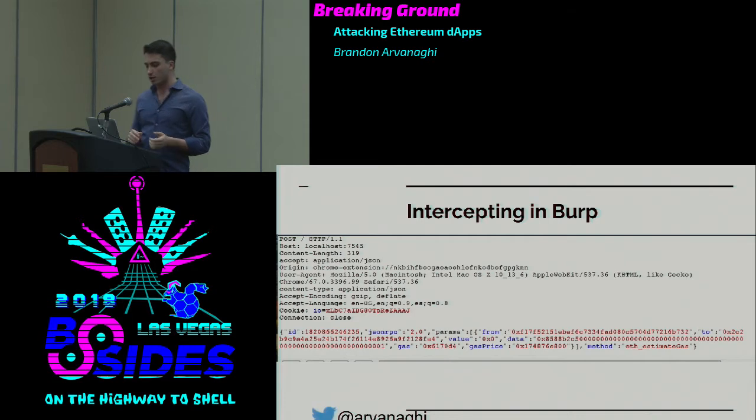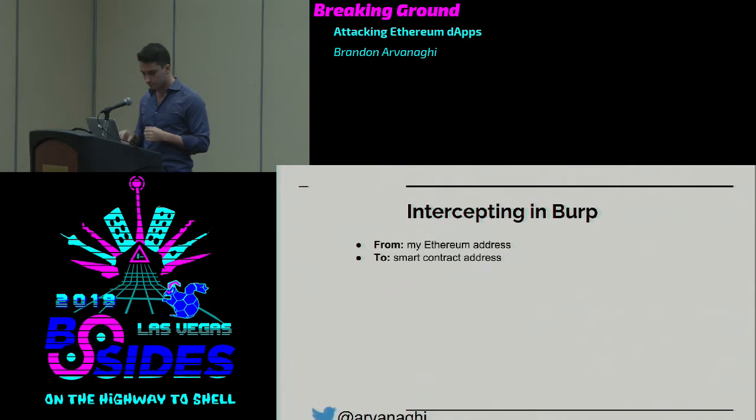So what does that transaction actually look like if you looked at it in Burp? I just showed you MetaMask coming up and you clicking submit. If you intercepted that transaction, you would see the from address right there, right? The to address is the smart contract address, the value and data, and I'll get into this more, but it's very simple. There's only 4 or 5 fields that you need to worry about: from, to, value, data, gas price.